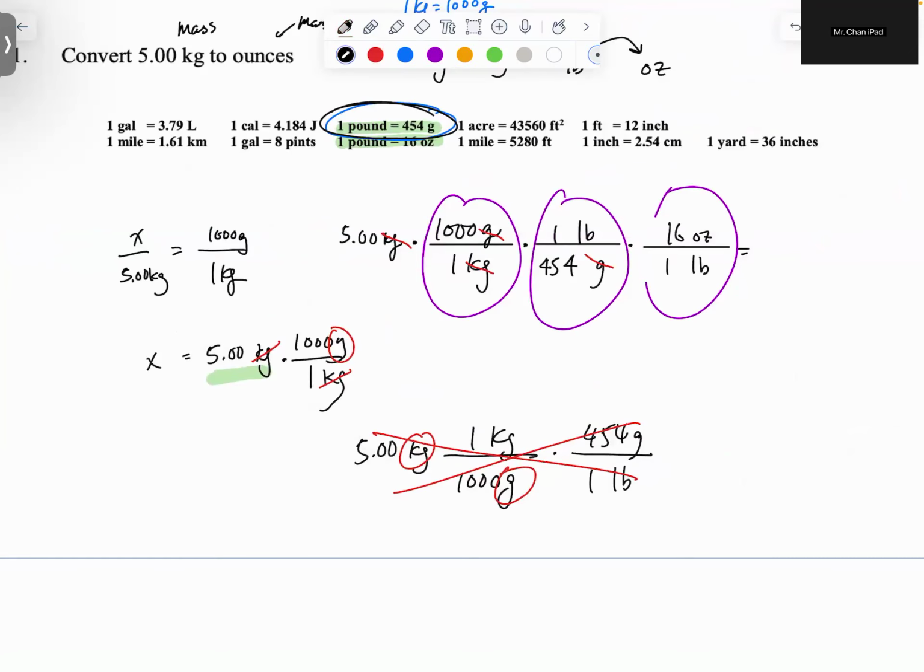All right, now, use your calculator. Can you compute the final answer right here to give you a final answer in ounces? Okay. So now the way I like to do this, there are two ways you can do this.